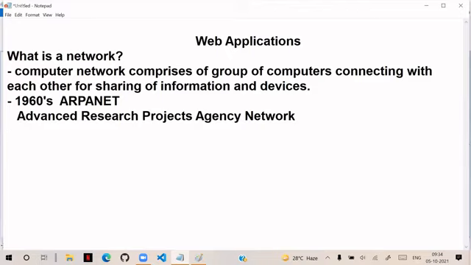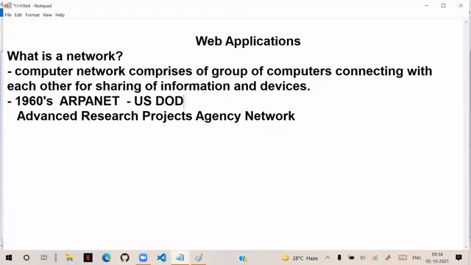It is the first computer network introduced. It was introduced by the United States Department of Defense.